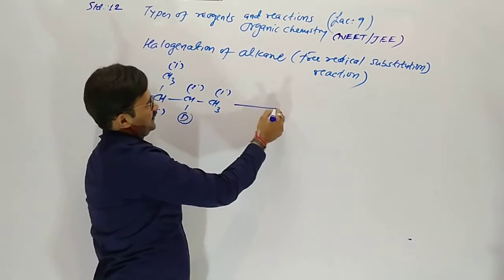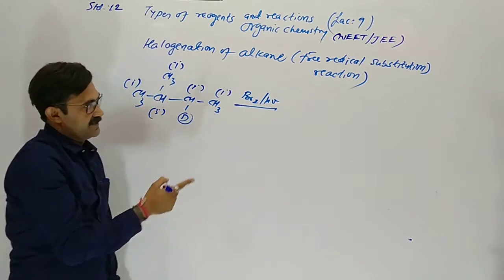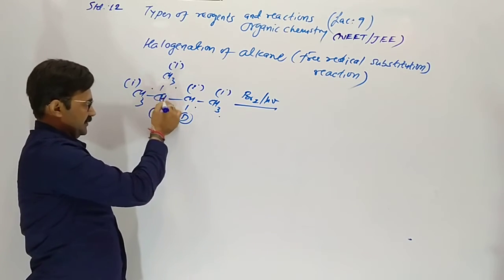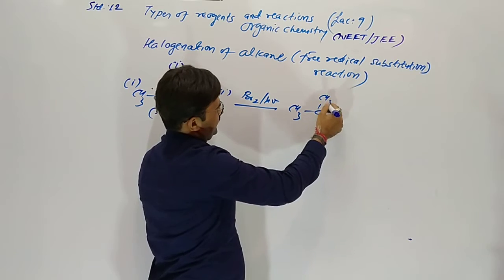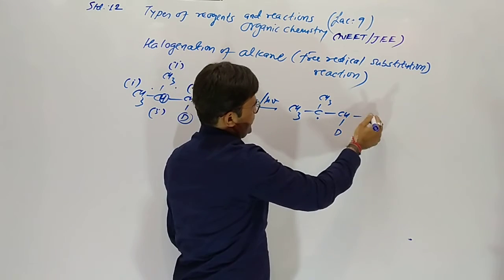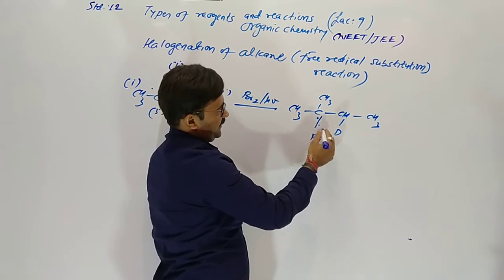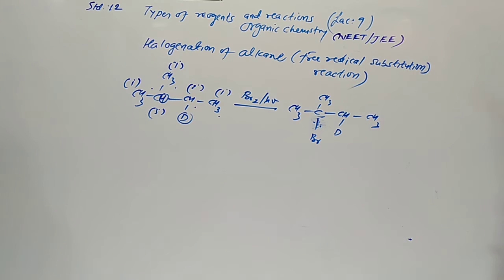So with bromine in presence of sunlight, free radical forms easily not here, but here. So our intermediate free radical should be tertiary, and bromine combines there. Tertiary free radical is more stable, so hydrogen is easily replaced from there.